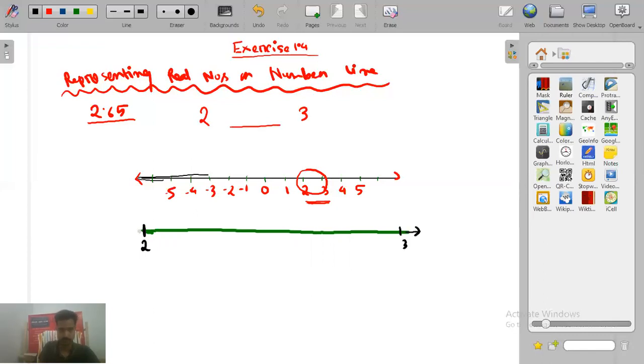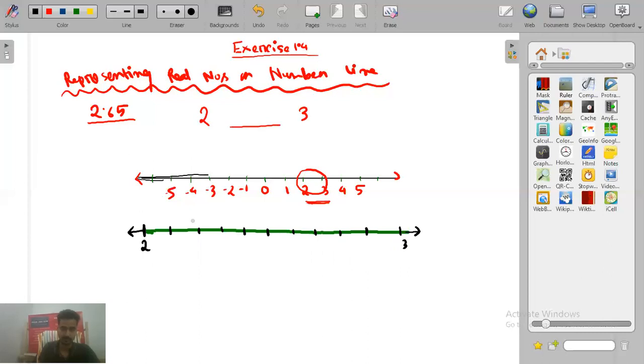Give the arrow mark here. Now divide this into 10 equal parts. Suppose this is your 1 part, second part, third part, fourth part, fifth part, sixth, seventh, eighth, 9 part, 10 part. So total how many parts? 10 parts, 1, 2, 3, 4, 5, 6, 7, 8, 9, 10.